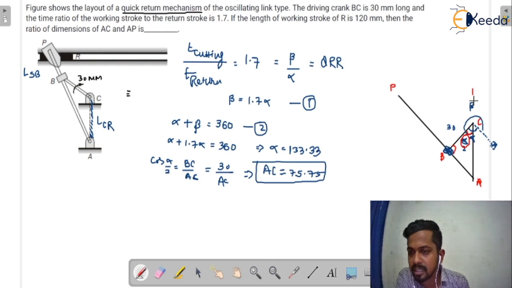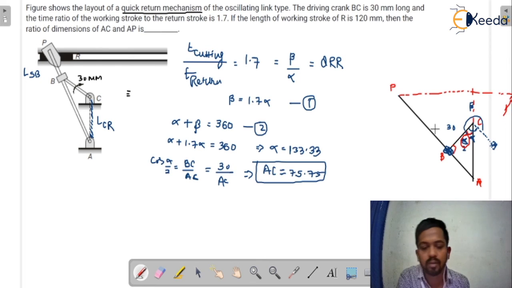Now if I extend this diagram, if this is the first dead center position of the slotted bar, this would be the another dead center position of the slotted bar.